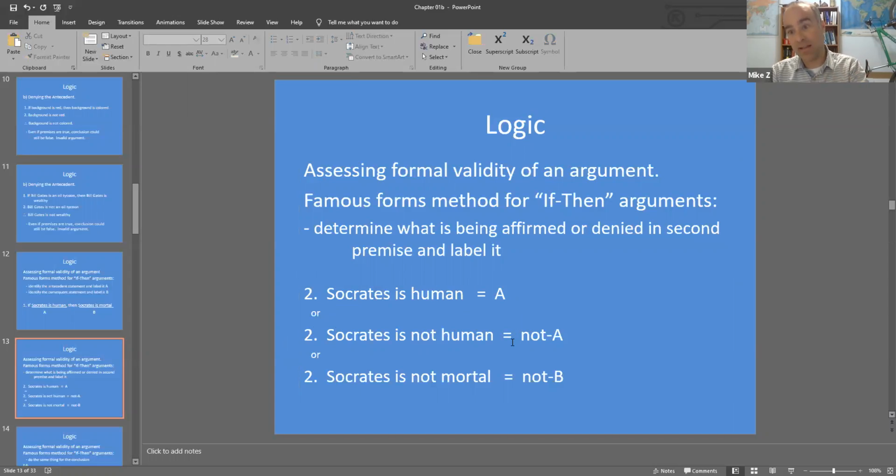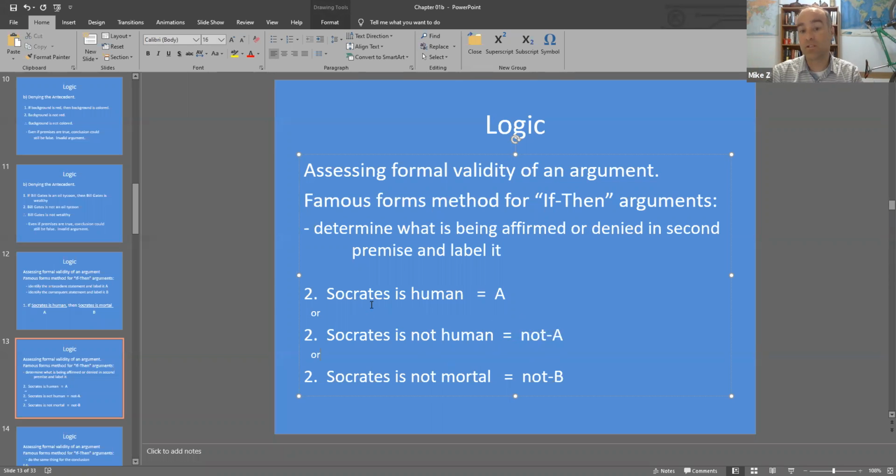Just say not that. So Socrates is not human. That can't just get its own single letter all by itself because it's a negative. Only a positive one, like the first example, Socrates is human, gets a single letter. But if it's a not statement, then we have to indicate that in our symbol. So Socrates is not human would have to be symbolized as not A.